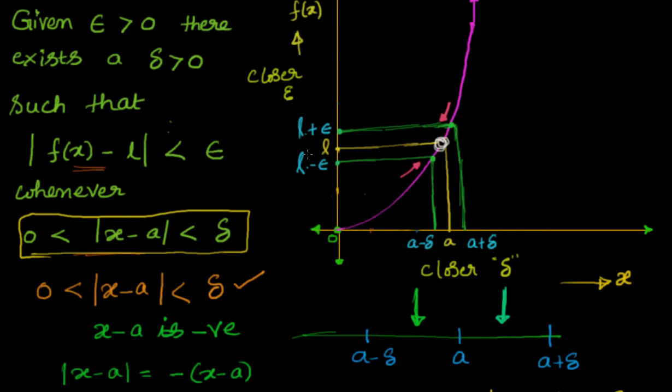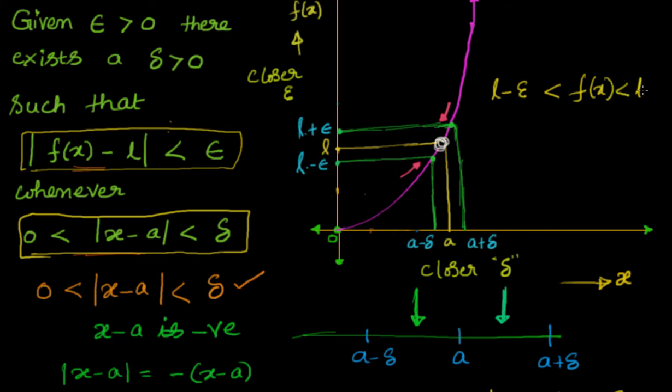Similarly, the meaning of mod of f of x minus l less than epsilon is nothing but f of x will be between l minus epsilon and l plus epsilon, and f of x not equal to l.